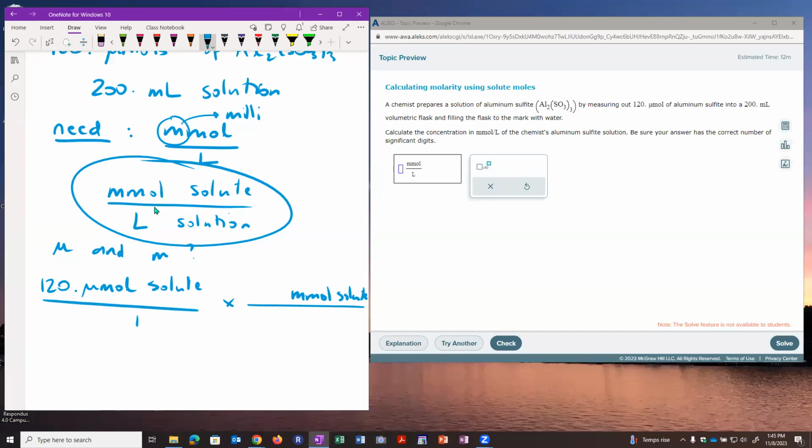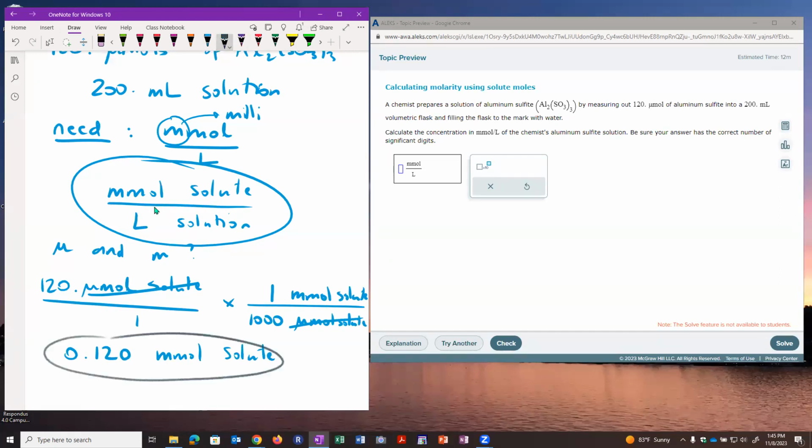Milli is the bigger unit. For every 1 milli of something, you have 1,000 micro of that something. So in this case, we have 1,000 micromoles in every 1 millimole. We set it up using dimensional analysis so the units cancel out, and we end up with 0.120 millimoles of the solute.